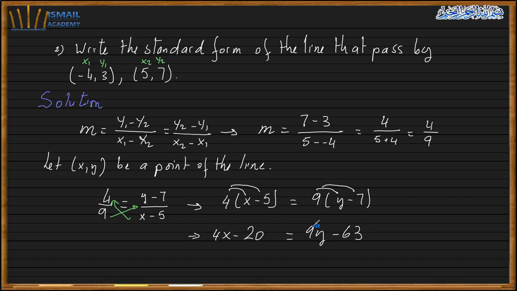I move all the y's, 9y, and my final answer will be 4x minus 9y equal negative 43, the line that passes by those two points.